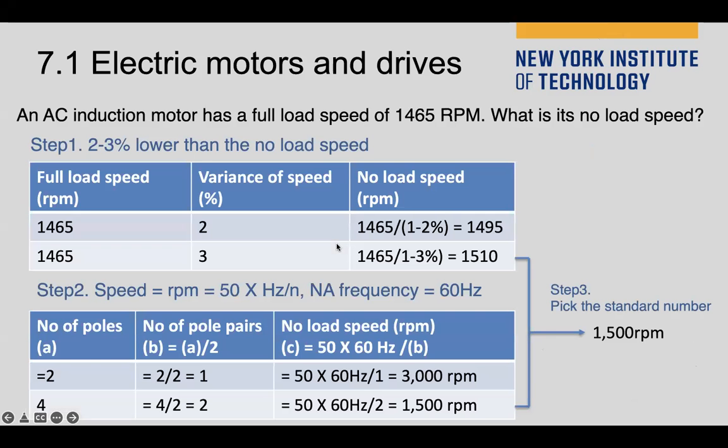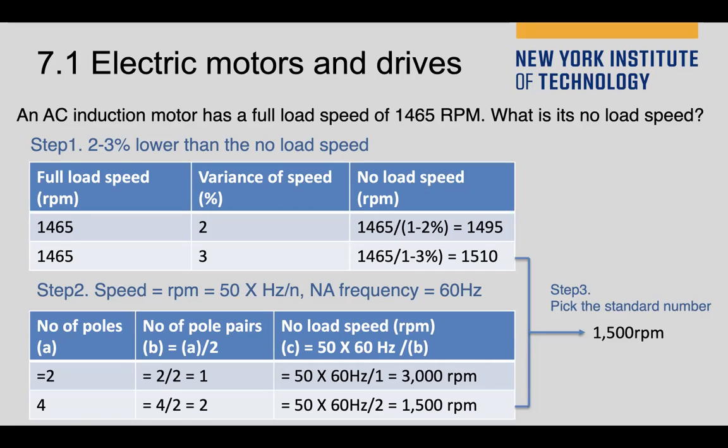So the first question is about an AC induction motor that has a full load speed of 1,475 RPM. So now, what is the no load speed? For the first step, we need to figure out the relationship between the no load speed and the full load speed.